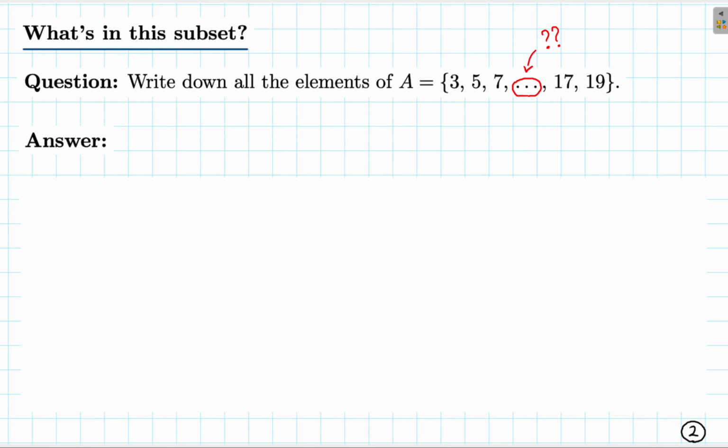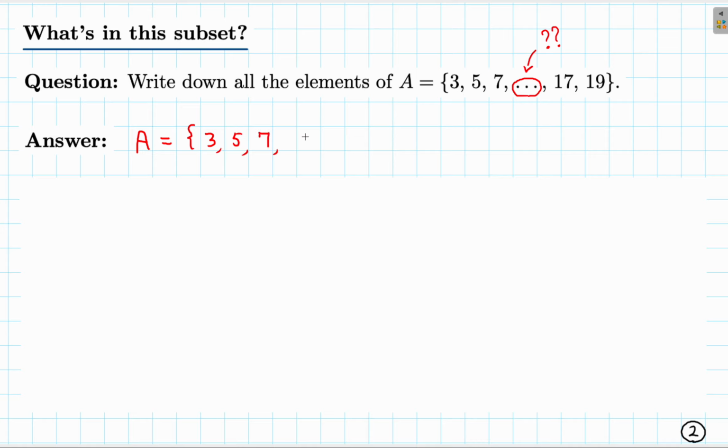Now let's write down the elements of our subset A, which really entails trying to figure out what this ... represents. And so here we go. Set A contains, well, we know it has 3, 5, 7.